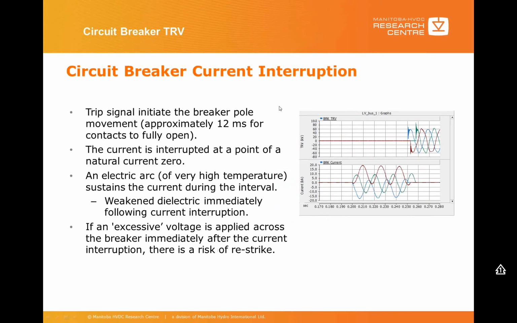Let's have a little understanding about the current interruption process. This is a very simple explanation of the interruption of current. Generally, once the trip signal comes to the breaker, it takes approximately 12 to 20 milliseconds for the contacts to be fully opened.